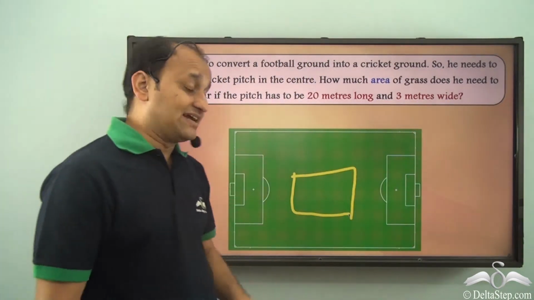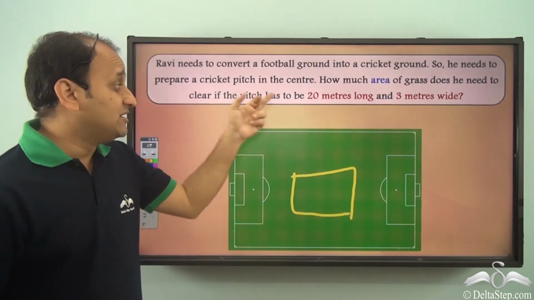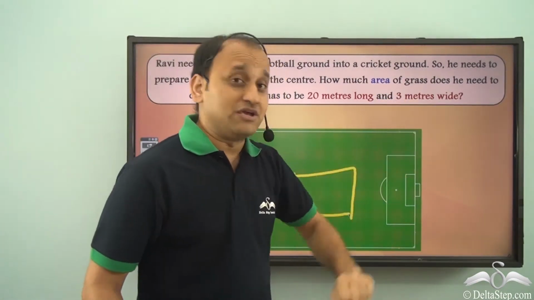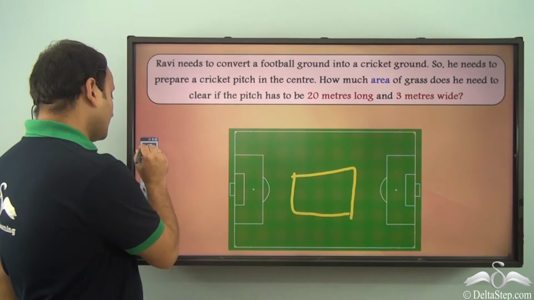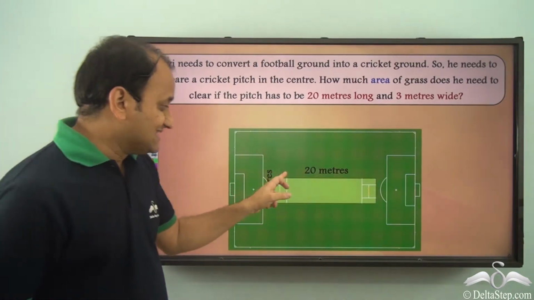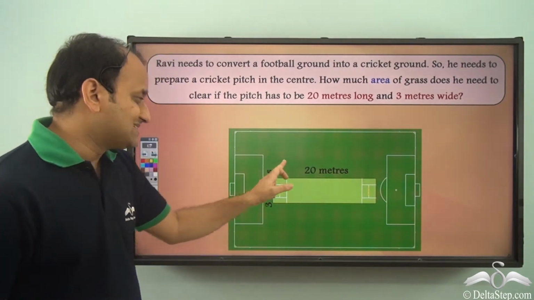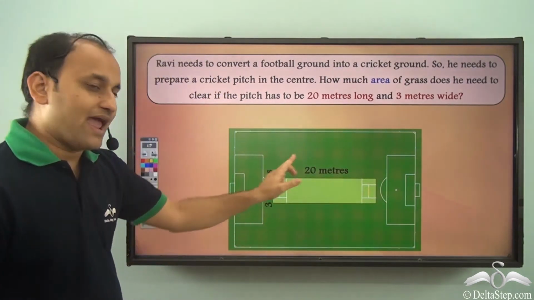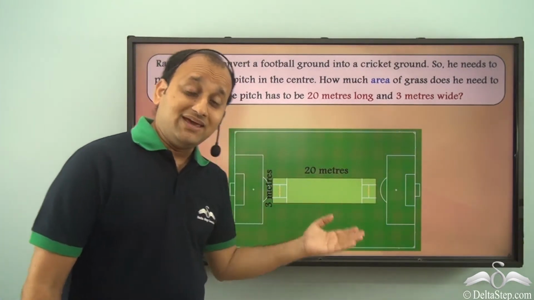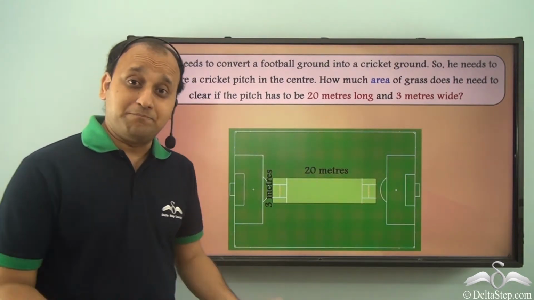So the pitch at the center needs to be 20 meters long and 3 meters wide. So this is the area which he needs to clear. So he needs to clear this much of grass, and this will be the area for the pitch.